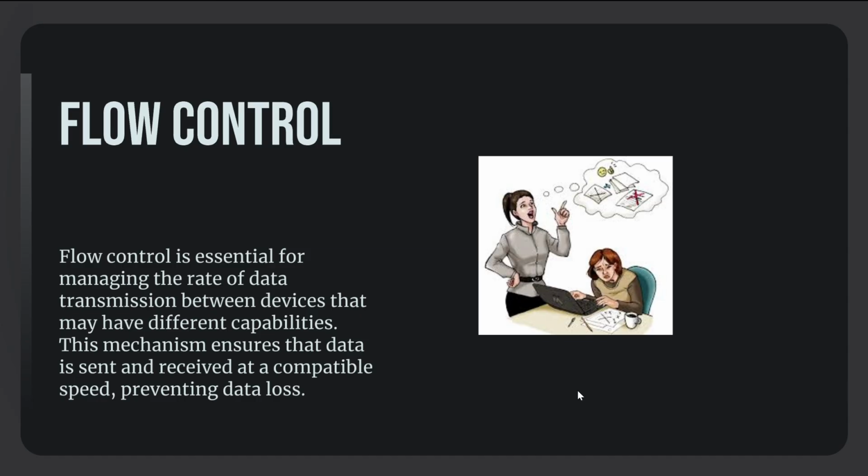The next is flow control. Think of it like a person talking at a different pace than the person writing it down. The writer would not be able to capture the exact information in detail that this person is speaking because of the different paces, right? So flow control makes sure that the data is sent at a rate the receiver can handle.